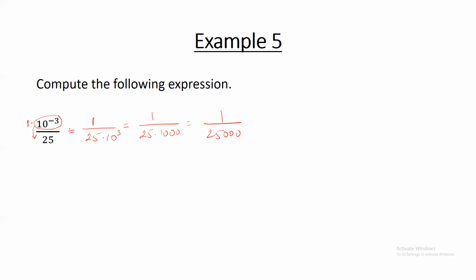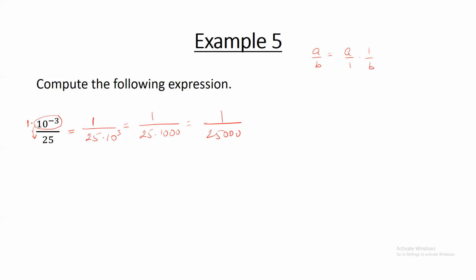If you're still a little bit confused about why this 10 to the negative 3 should move down as 10 to the positive 3, remember that what we basically have when we have any fraction a over b, it's the same thing as saying a over 1 times 1 over b.